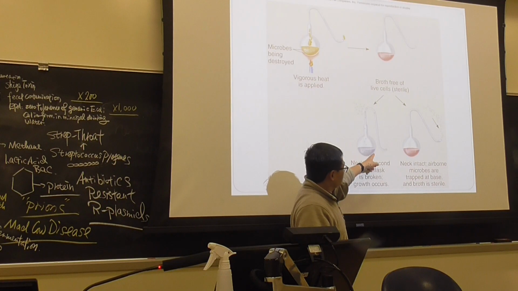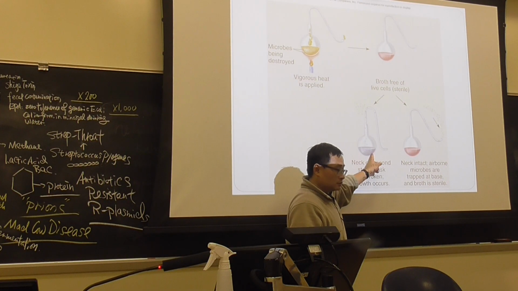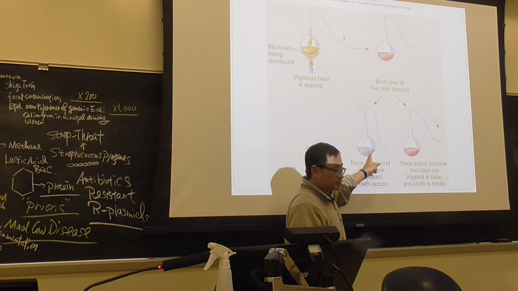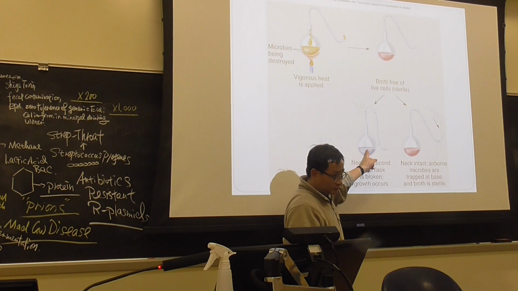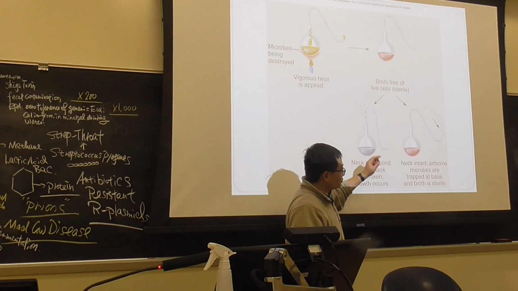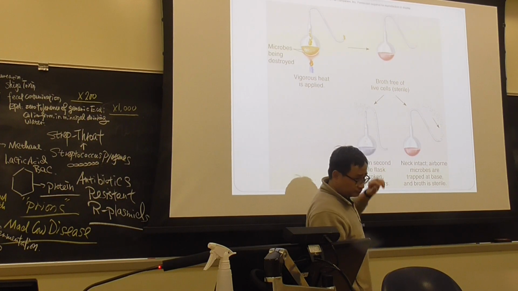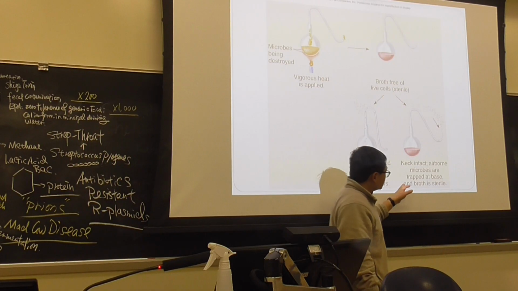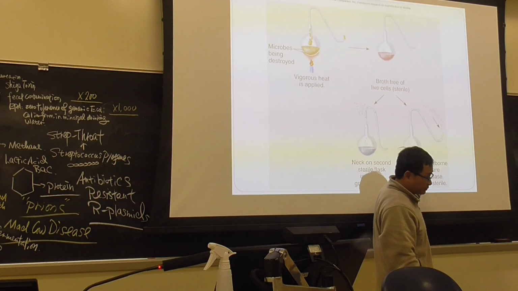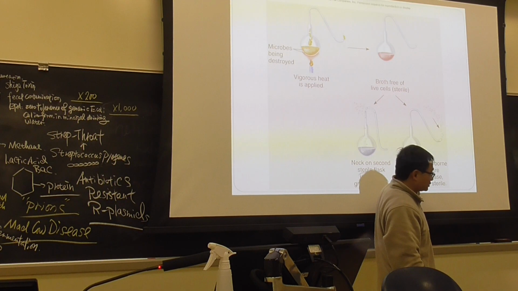One, after it stays at room temperature for a couple of hours, it becomes muddy, becomes cloudy, which means bacteria are growing, because the neck is broken. The other one is completely clear, transparent. It's sterilized, there are no bacteria or microorganisms there.